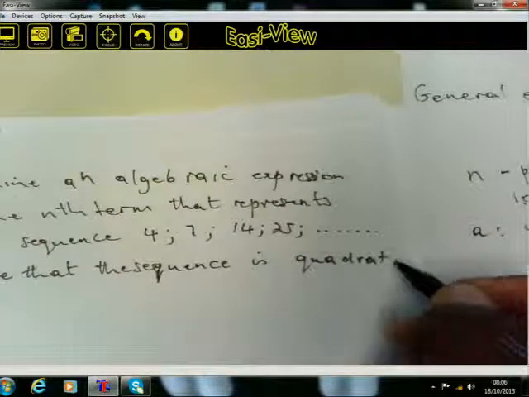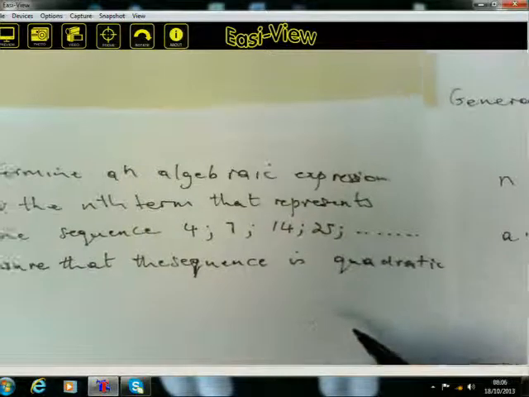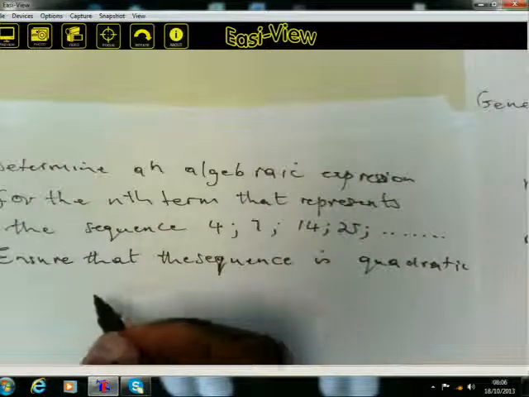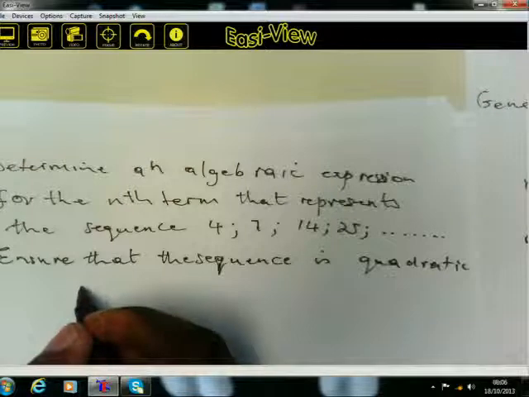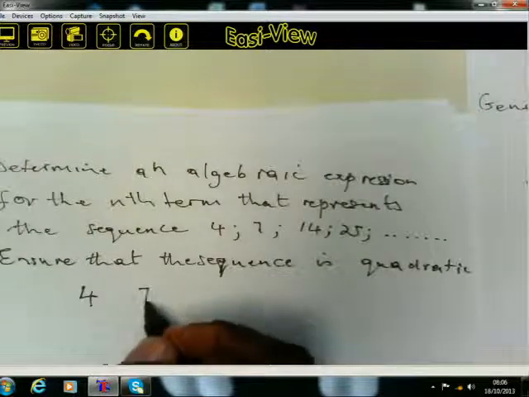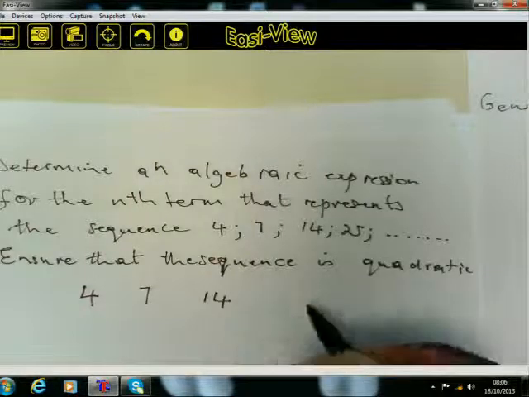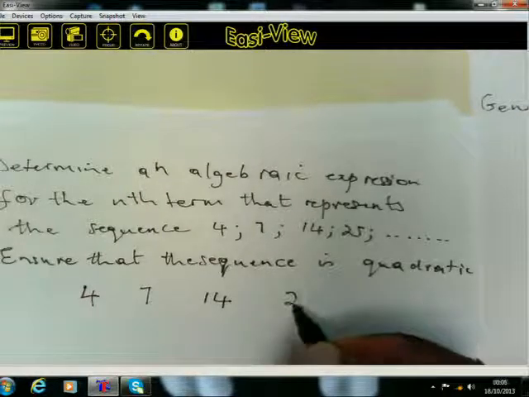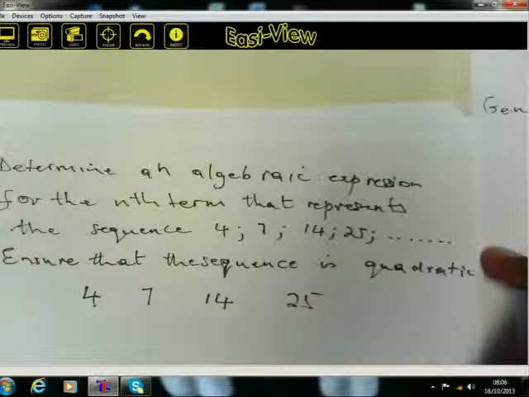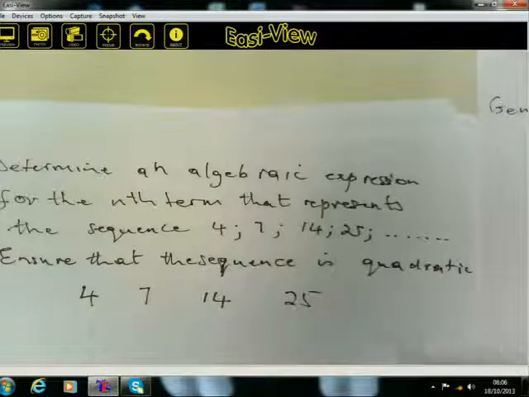What you are given is that the first term of the sequence is 4, the second term is 7, the third term is 14, and another one is 25, and they move on up to infinity.